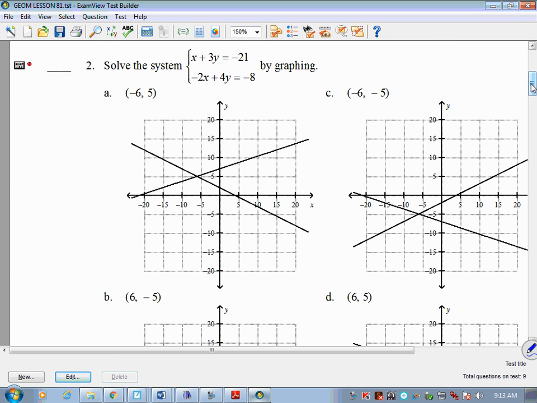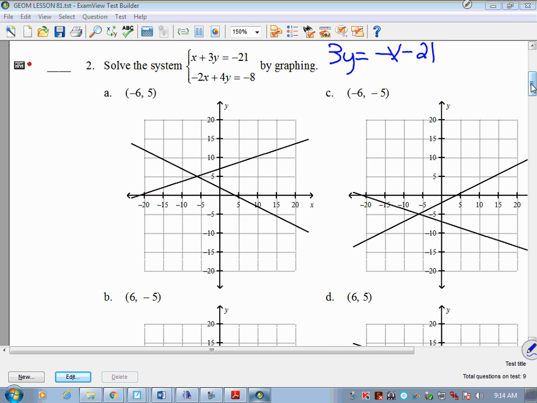Could I take x plus 3y equals negative 21 and convert that? What would I need to do with the x? Subtract it. So I would end up with 3y equals negative x minus 21, right? Then what would you do? No, because look, we're already pretty close to having y equals something x plus or minus something.